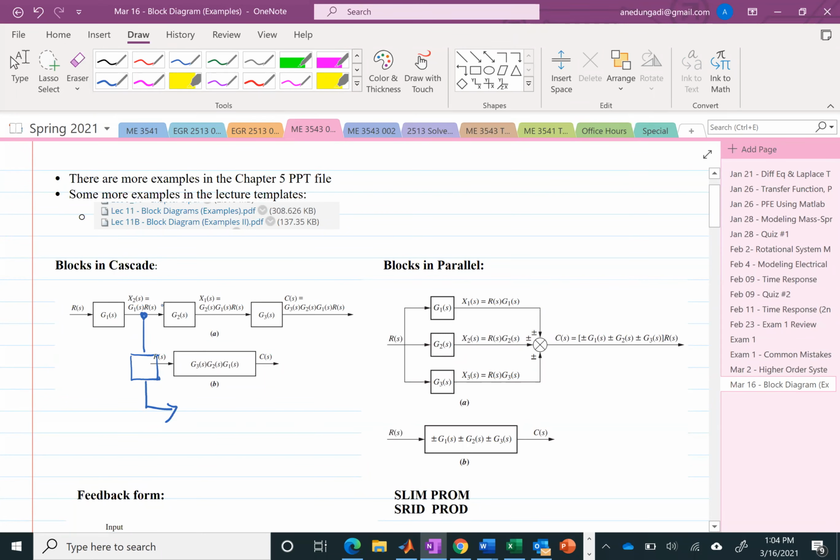G1 and G2 are only cascaded if there's a clean signal without any summations, without any pickoff points. There should be absolutely nothing between block one, block two and block three. Then and only then are they in cascade. If they are in cascade, you can take the product of the individual blocks and you get the equivalent block.